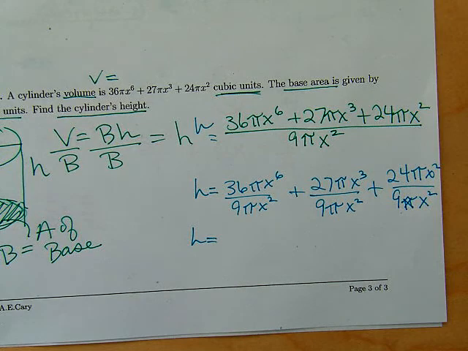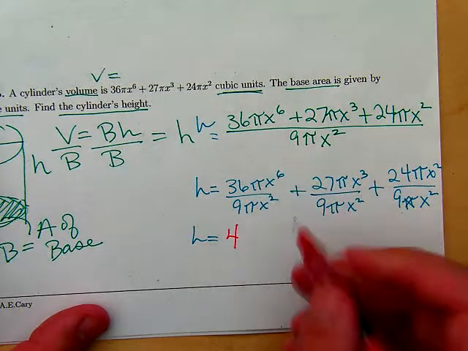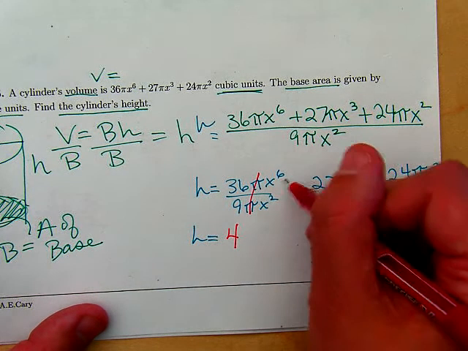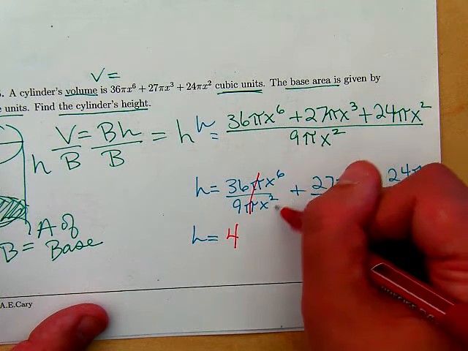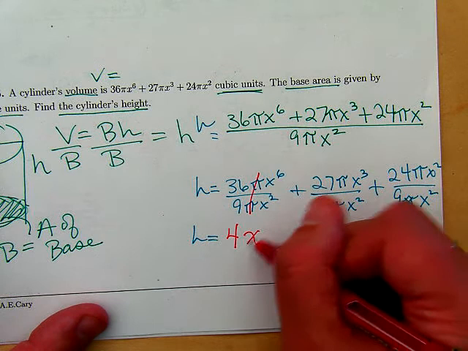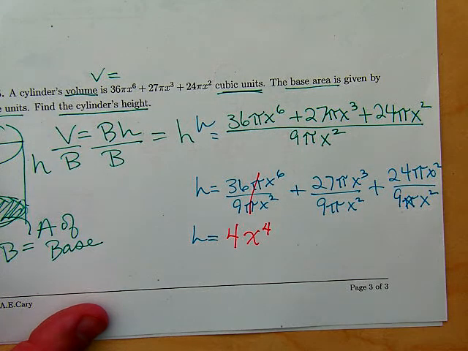Okay, and now we can, of course, simplify. How many times is 36 divided by 9? 4. What about pi divided by pi? What's that? 1. What is x to the 6 divided by x squared? X to the 4th, because we subtract the exponent.